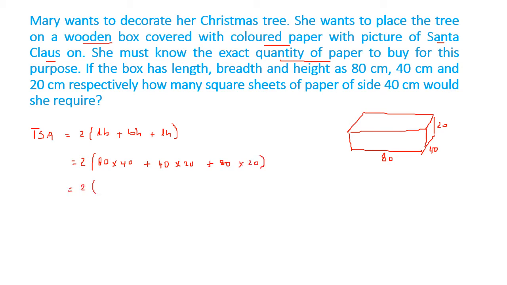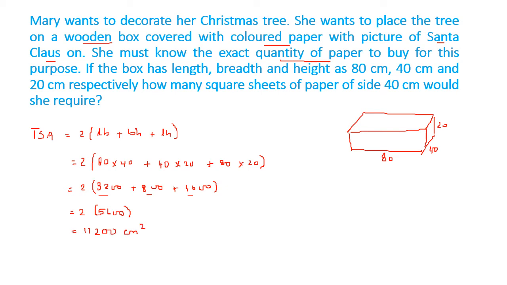It is 2 into 3200 plus 800 plus 1600. That is 2 into 5600, which will give us 11200 centimeter square. This is the total surface area of the cuboid.